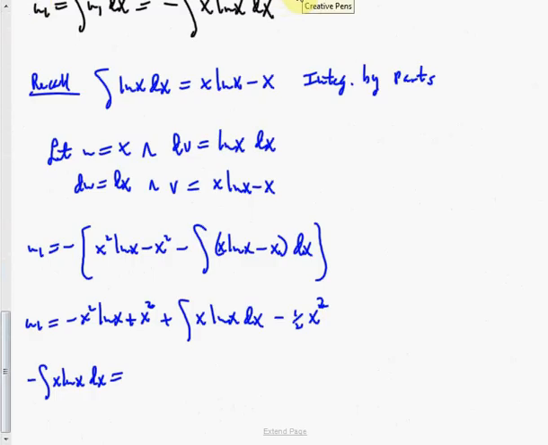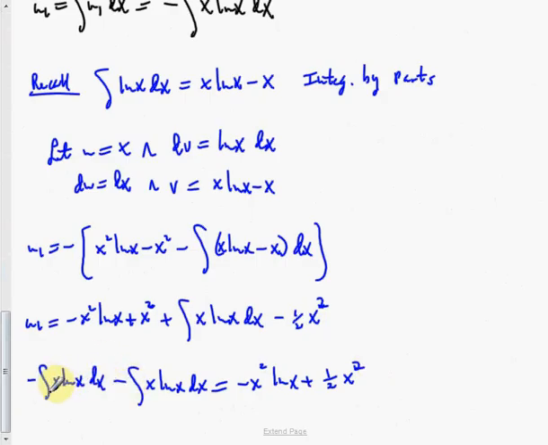Let me finish this problem, because this problem will make me sick for a couple of days if I don't finish it. I'm going to take this guy and subtract it on both sides. This is minus the integral of x natural log of x dx. That's equal to this part and this guy right here. So this is negative x squared natural log of x plus x squared minus 1/2 x squared. So that's just plus 1/2 x squared.